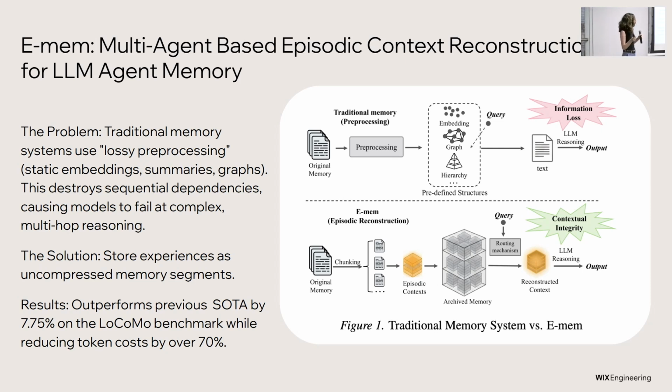And it's cheap in the sense that their results were, it outperformed the previous state-of-the-art architecture that was GAM, graph for agent memory, by around 8%, and it reduced token cost by 70% because these small models are super cheap and super fast. So I love when people integrate those mini models.